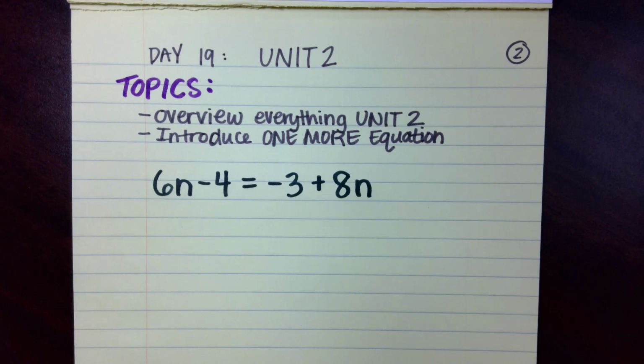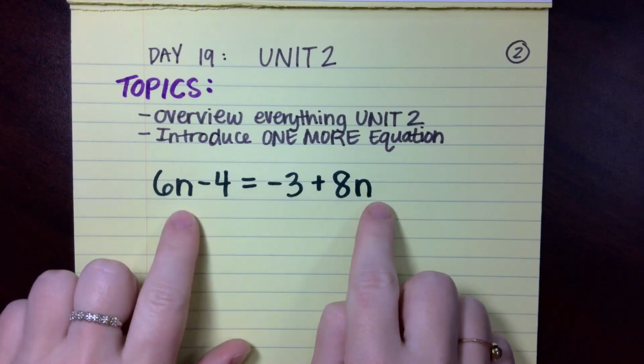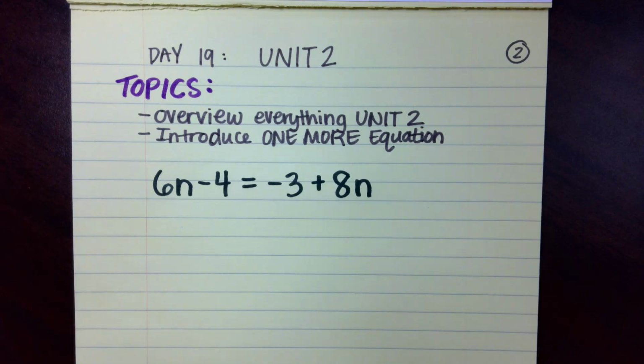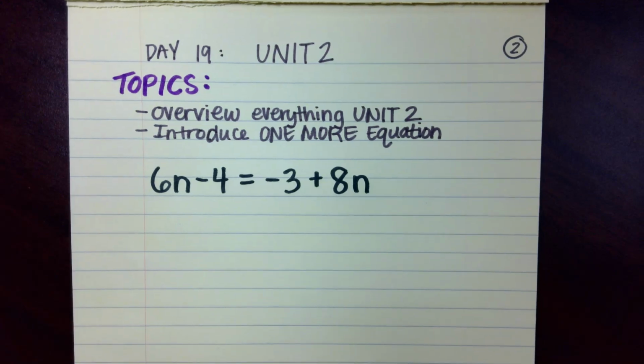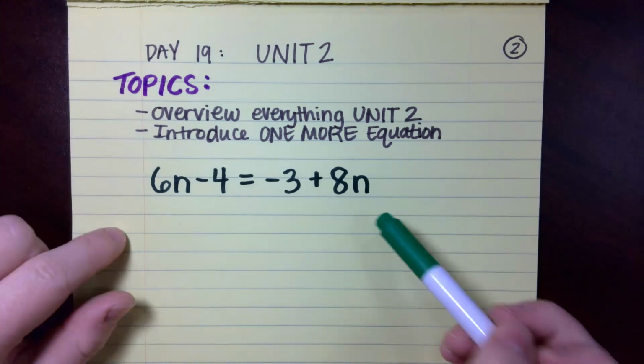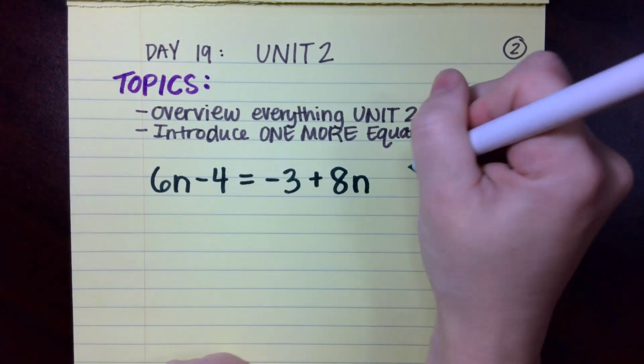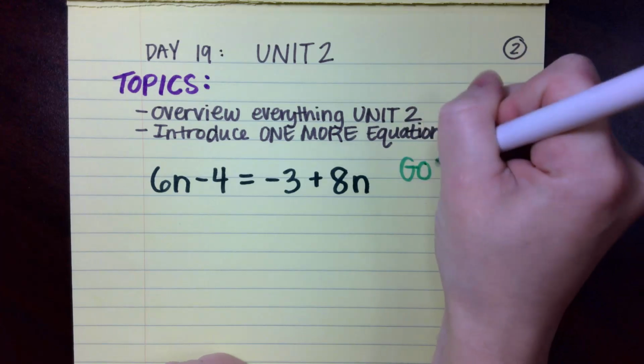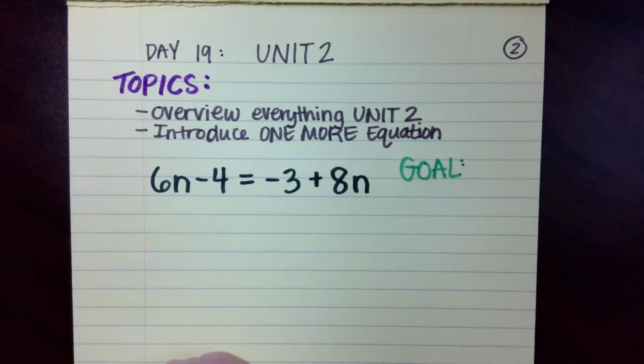So, if I have an equation where I have variables on both sides, there are a couple things that we need to do. First of all, the order in which we solve this doesn't really change. But remember, our goal is always to get the variable by itself.